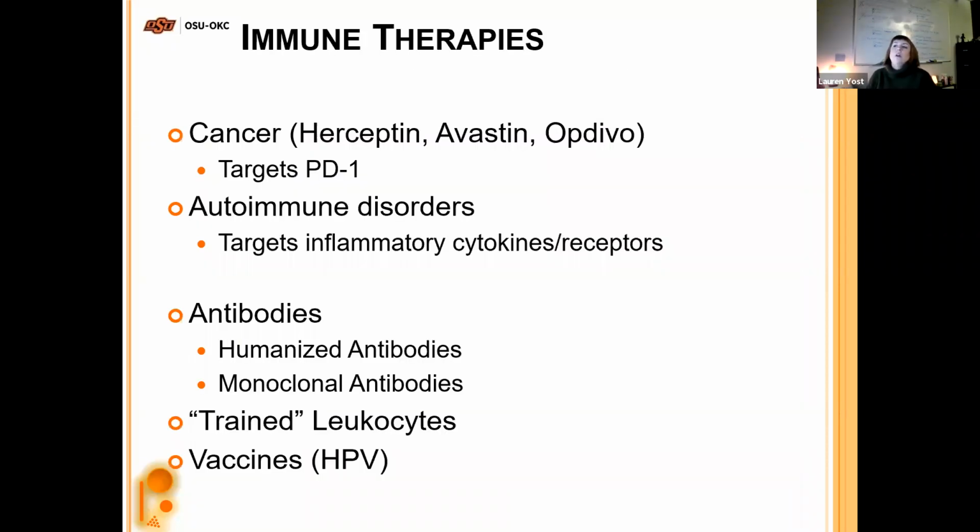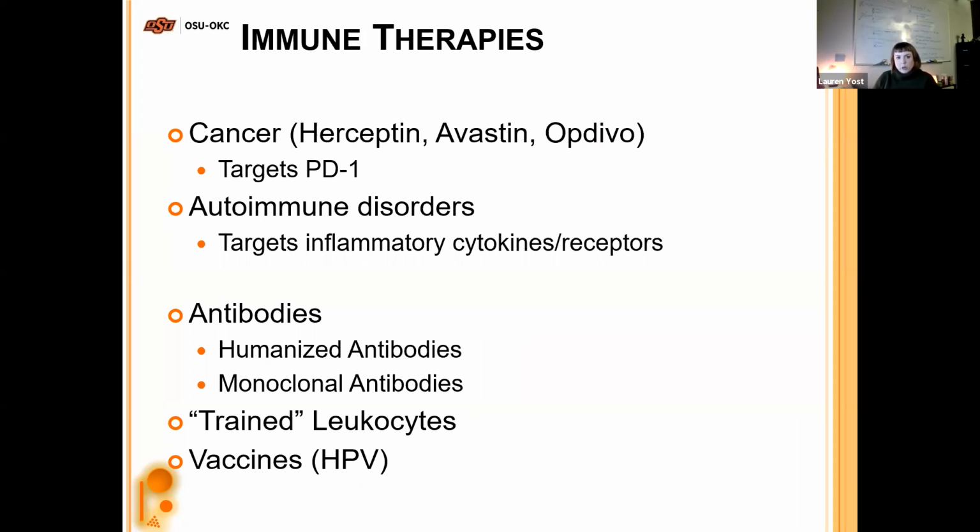We can use immune therapies to target specific aspects of other molecules in our bodies or other targets that we might want to attack to quiet them down. Let's say somebody has cancer, we can attack cancer cells because they have a specific marker associated with that type of cancer.